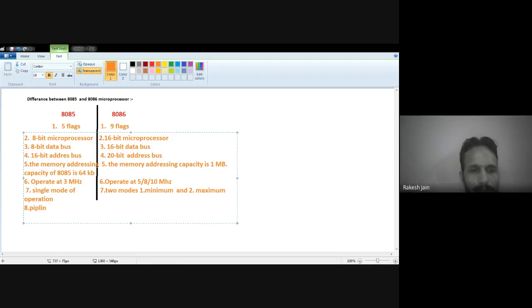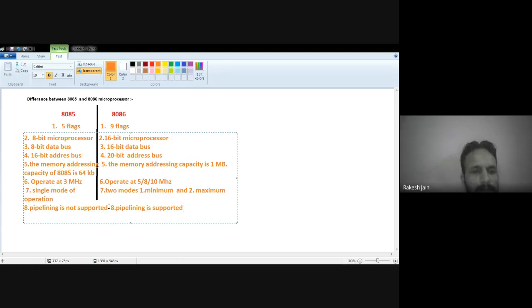Pipelining is not supported here in case of 8085, but in case of 8086, pipelining is supported.